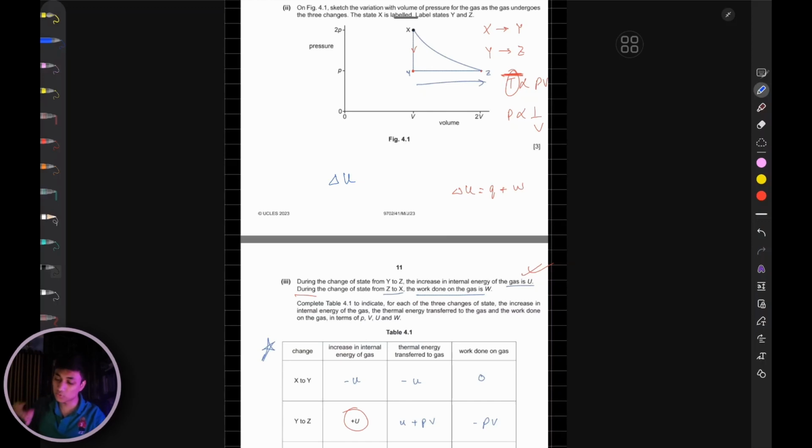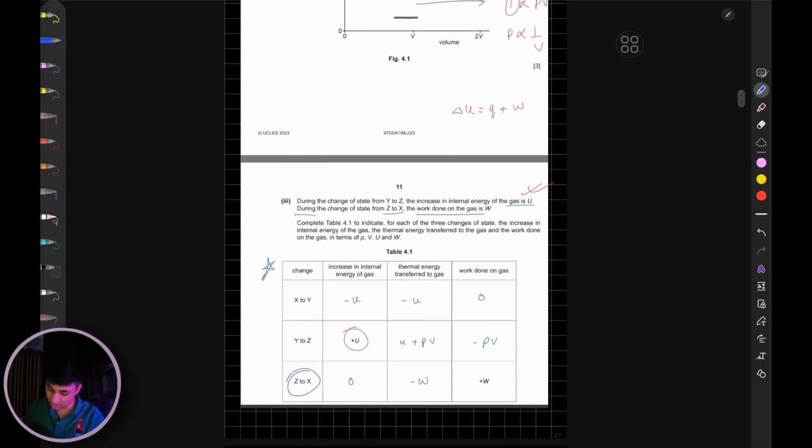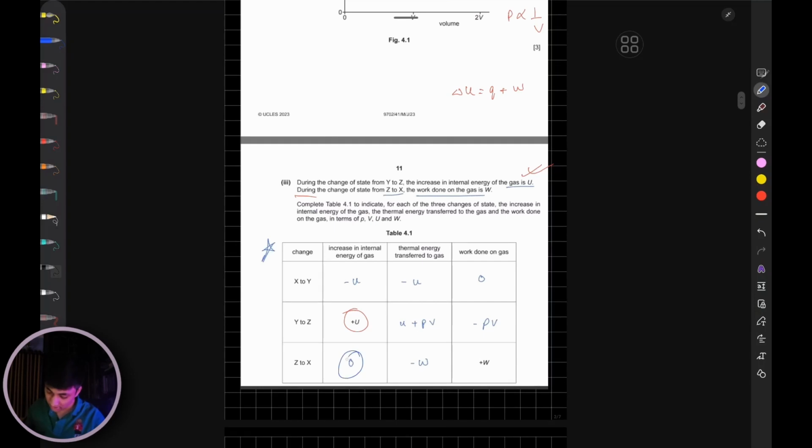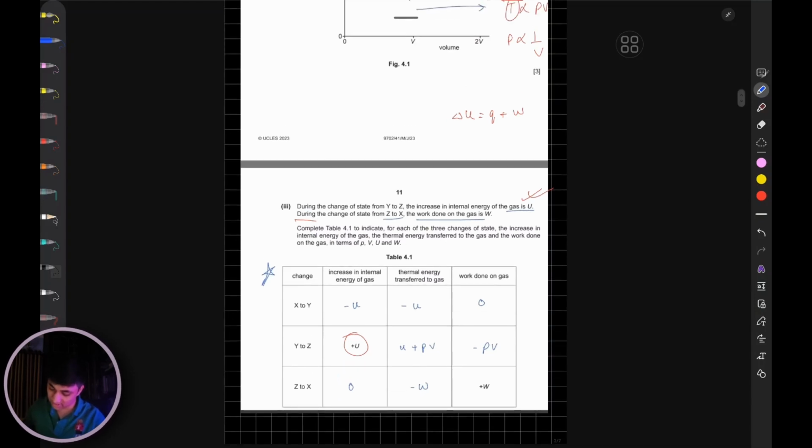You can directly say that from Z to X, your change in internal energy is 0. Great.